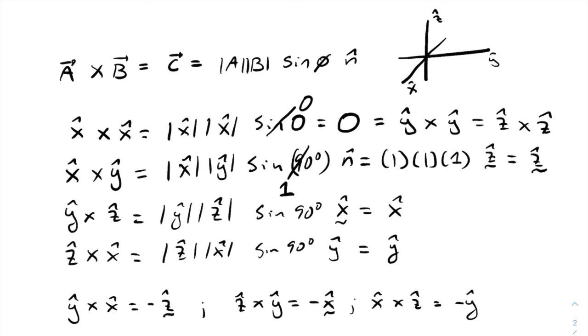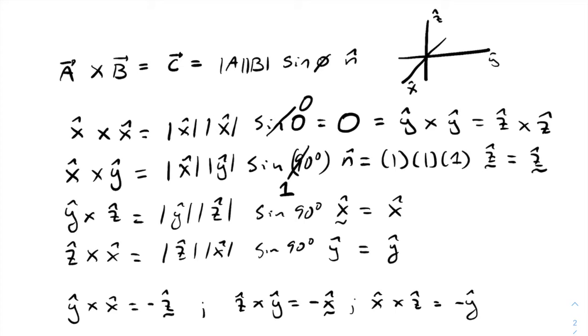So our result is that the magnitude of both unit vectors is 1, so it's 1 times 1, and the sine of 90 is 1, so times 1, times the direction in which this cross product points by the right-hand rule, which is z. Therefore, the cross product of x times y is equal to the z component.